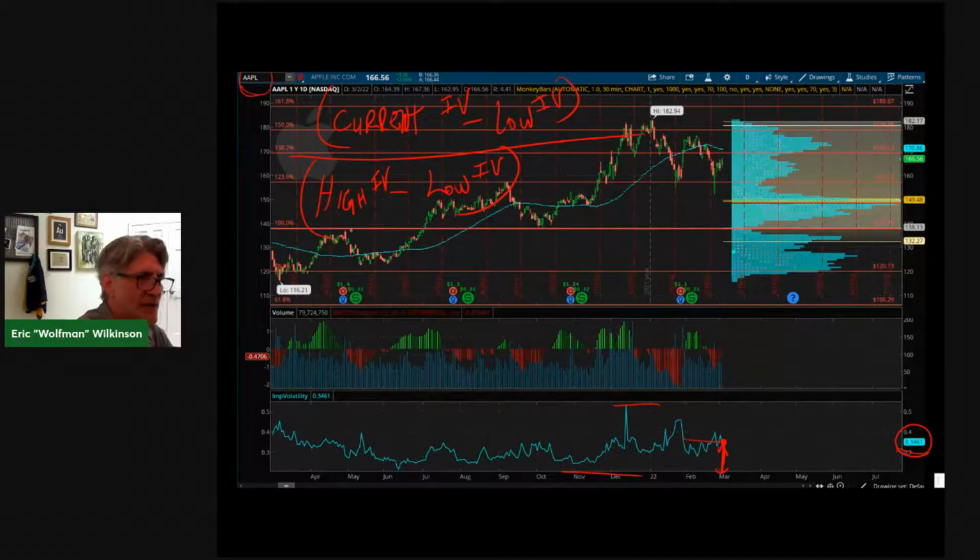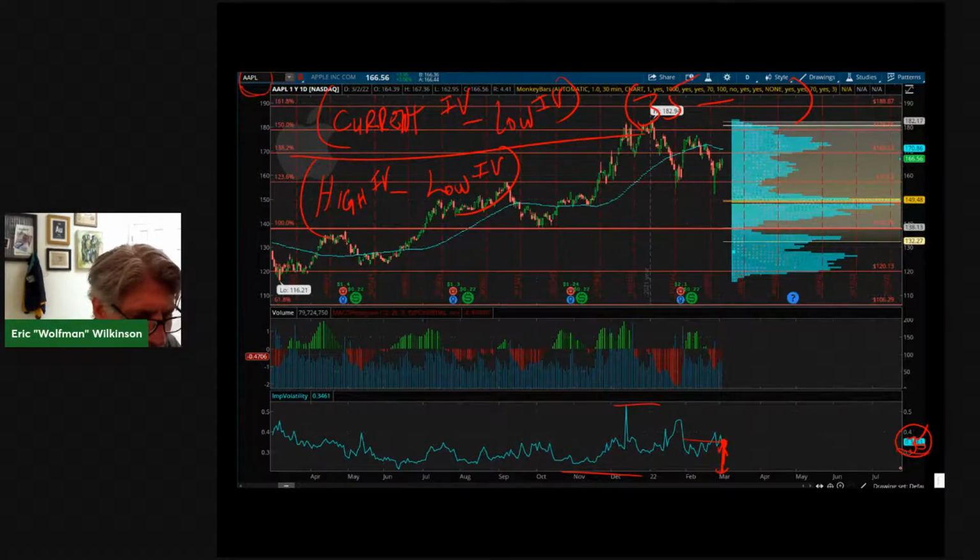So what this ends up doing is giving me this point here. Now I'm going to try and do this math in my head as we go, so bear with me, and I'm going to round. So I'm going to say that's 35. So if we have the current, it's 35 minus the low. What are we going to call this low?